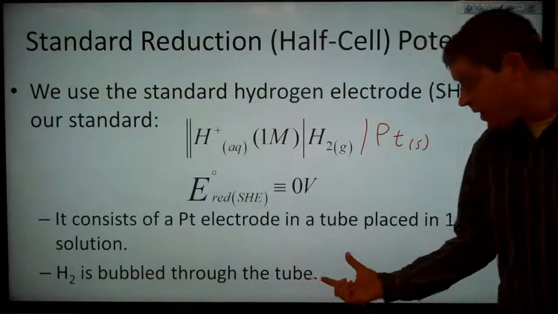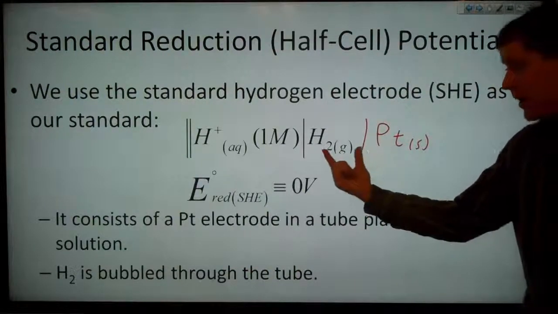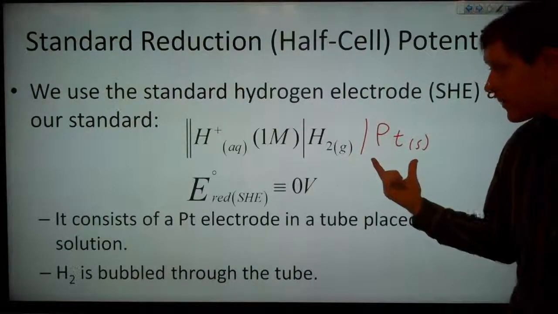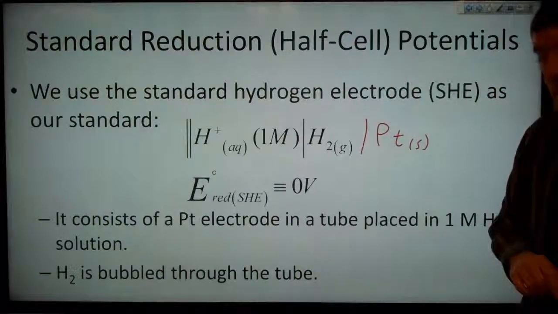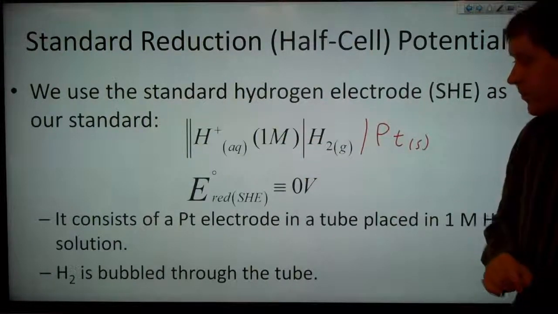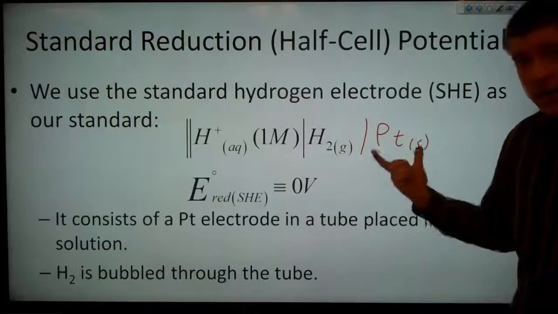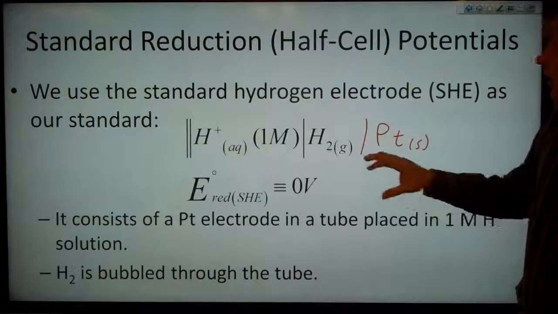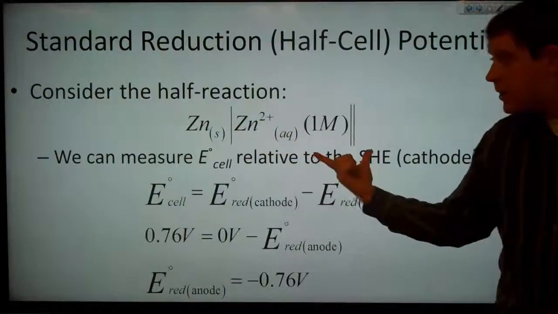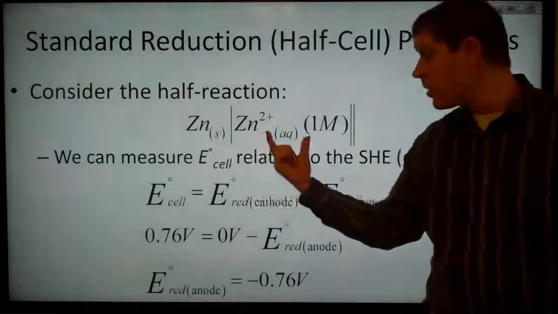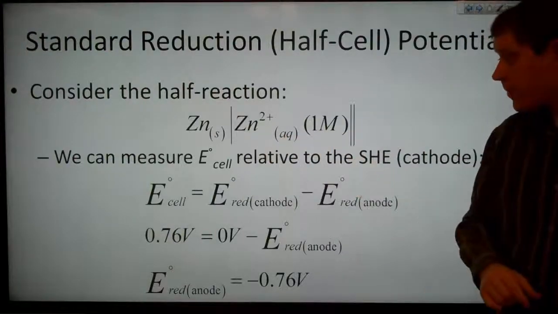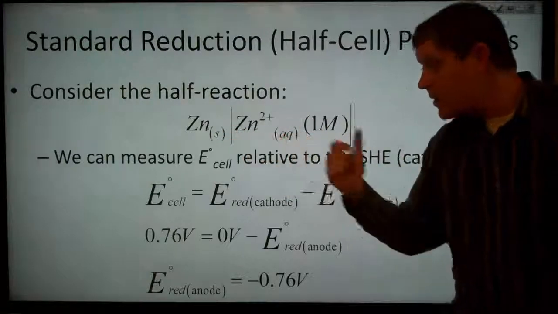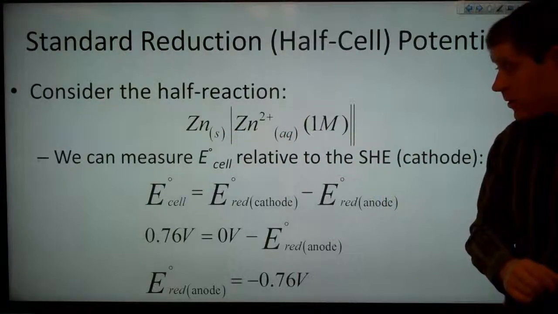And we have hydrogen gas that's bubbled through our tube, and basically the hydrogen gas is then in contact with our platinum surface, and we also have the aqueous hydrogen ions there in contact with our platinum surface. They can react. So let's look at this half reaction. We have our zinc solid goes to zinc 2+ ion. We have our concentration of 1 molar, which means that this is at standard state.